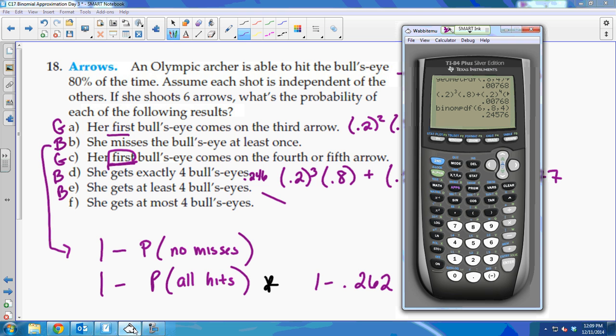Or you can do 1 minus the probability of getting 3 or less, which is what CDF does. Right, so you can do PDF by doing 4, 5, and 6 added together, or you can do CDF by doing 1 minus the cumulative 0 through 3.